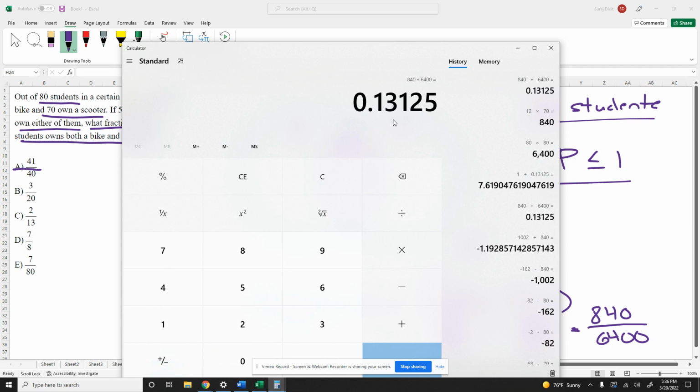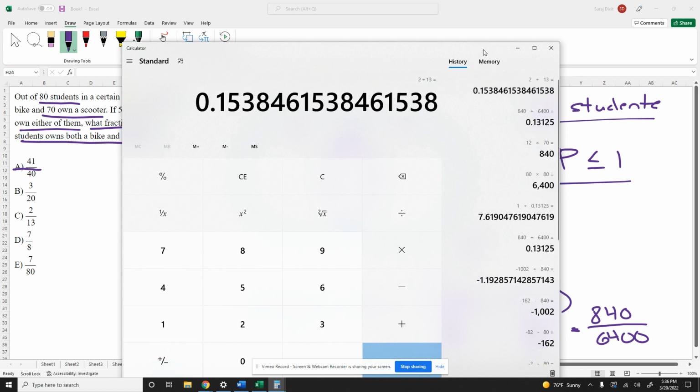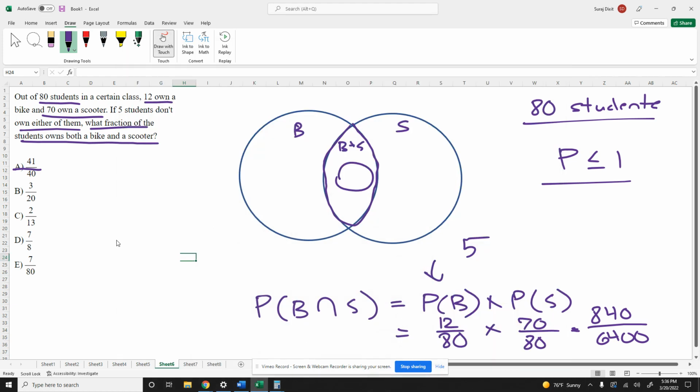Okay, no, 0.13125. That's what I'm getting.